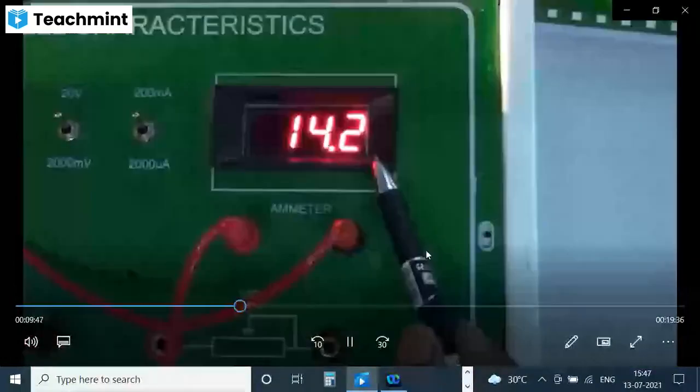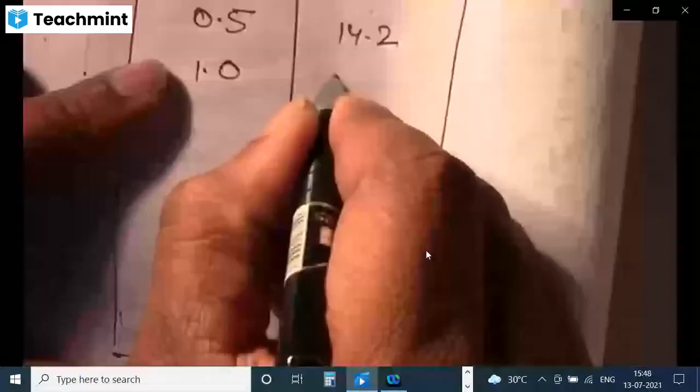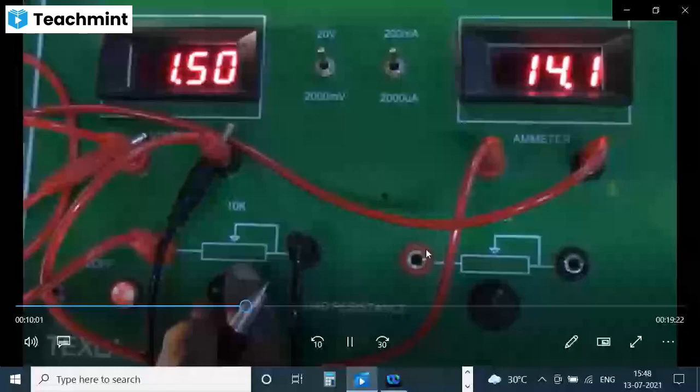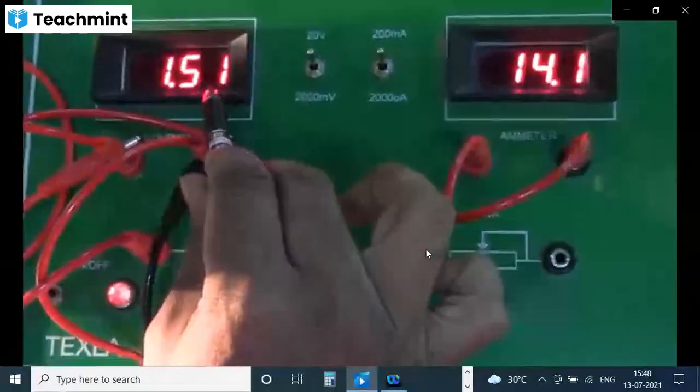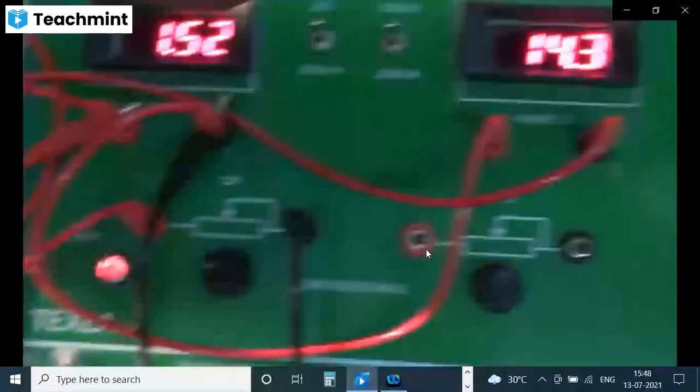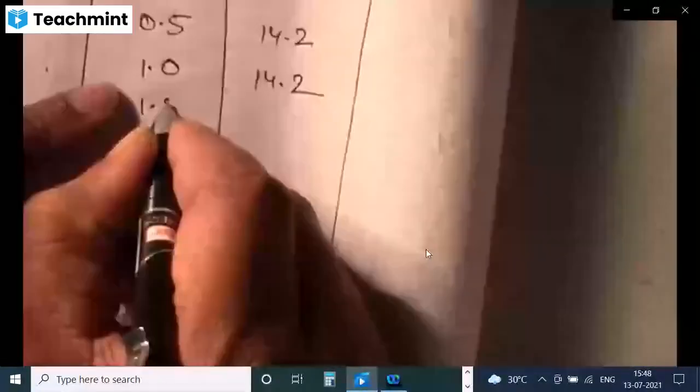So for 1.0 volts also the current is 14.2 milliamperes. Next, adjust the load resistance to get 1.5 volts. So here I adjusted the load resistance to get 1.5 volts and the corresponding current you note down. Okay. So for 1.5 volts also the current is the same.